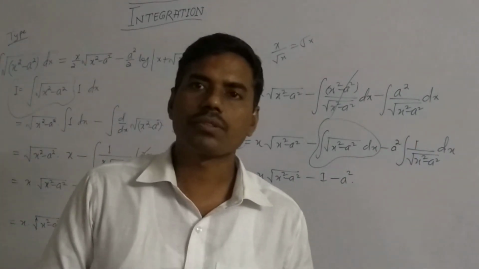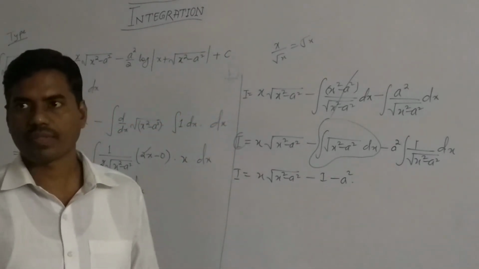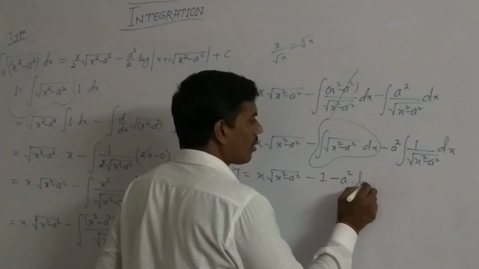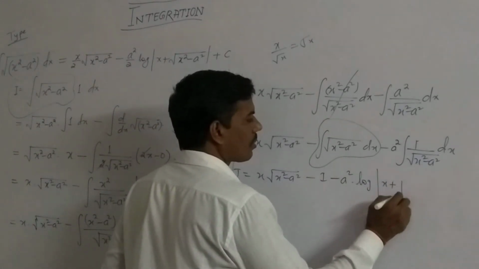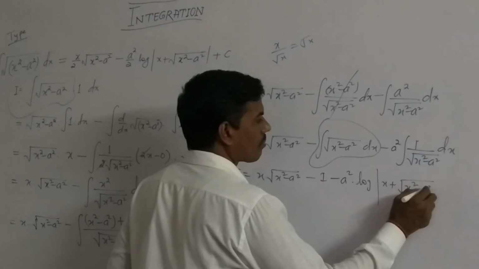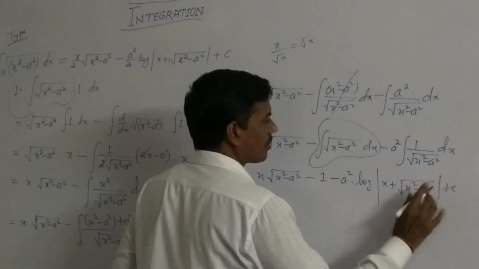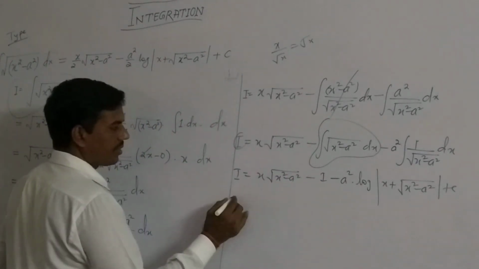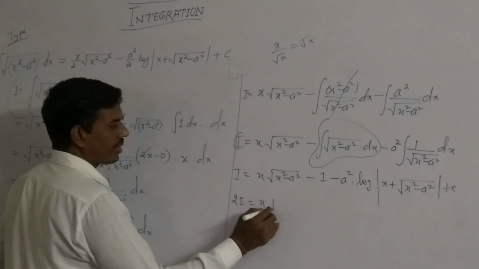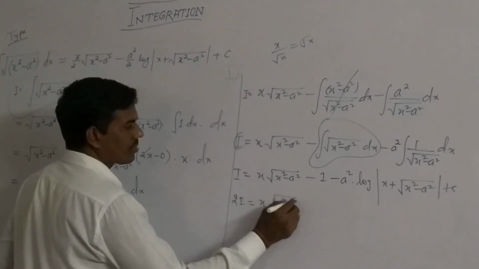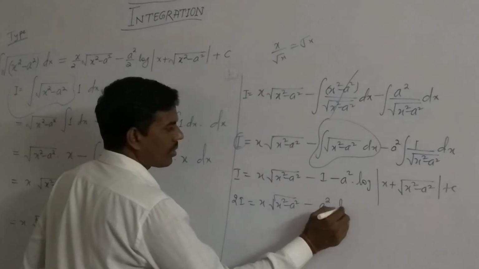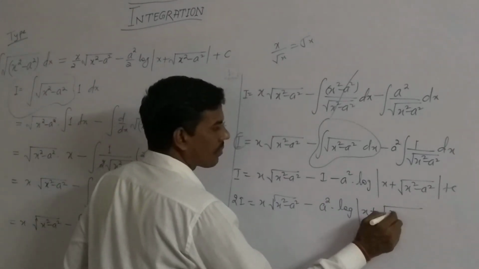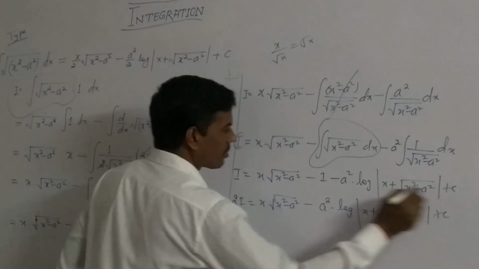This is our special integral formula, which is equal to log of mod of x plus under root of x square minus a square plus c. Okay, so I plus I is 2I. 2I is equal to x under root of x square minus a square minus a square into log of mod of x plus under root of x square minus a square plus c.